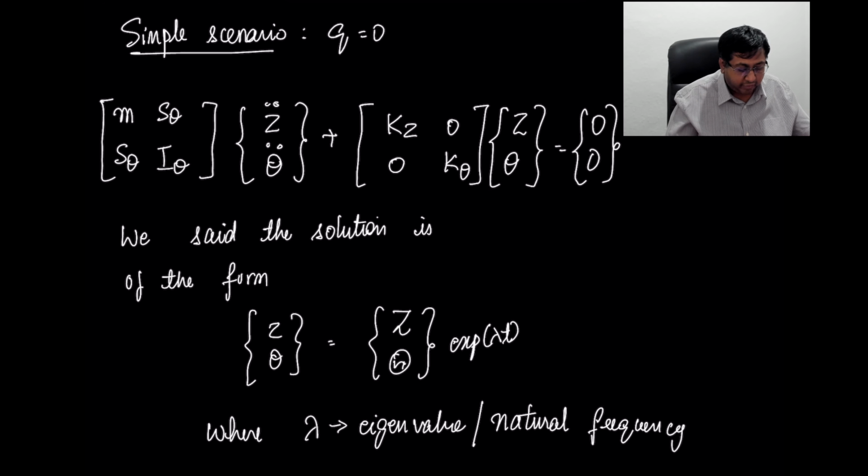Our equation of motion is being coupled here through the mass matrix. If you look at the stiffness matrix itself, it is an uncoupled matrix. So there's no coupling between z and theta. If z changes, it's not going to affect theta. And if theta changes, it's not going to affect z. But for our mass matrix, the z and theta are affected by each other. In other words, there's an inertial coupling.